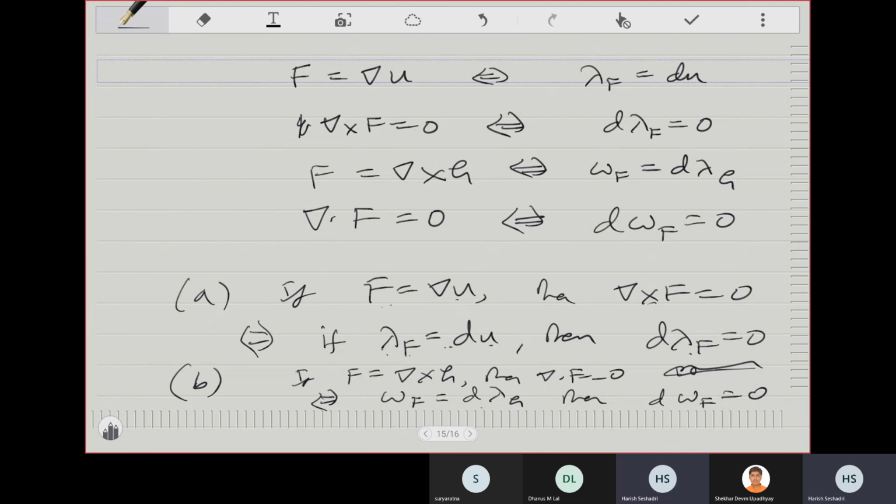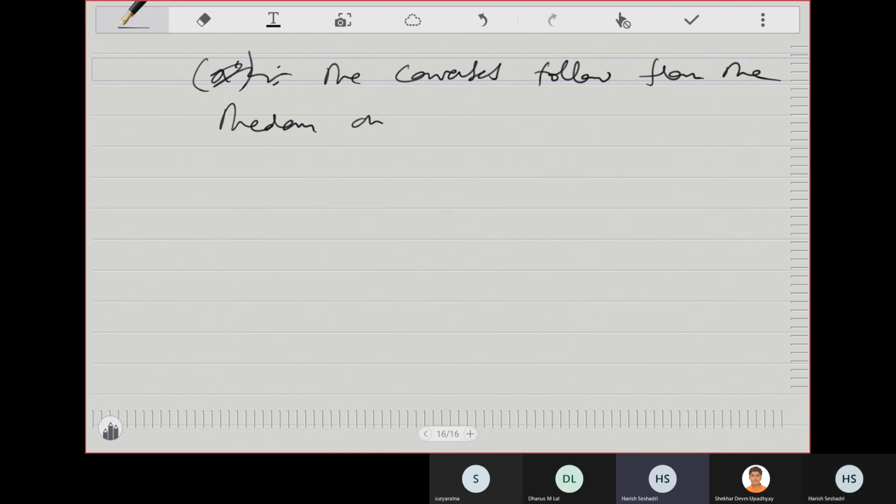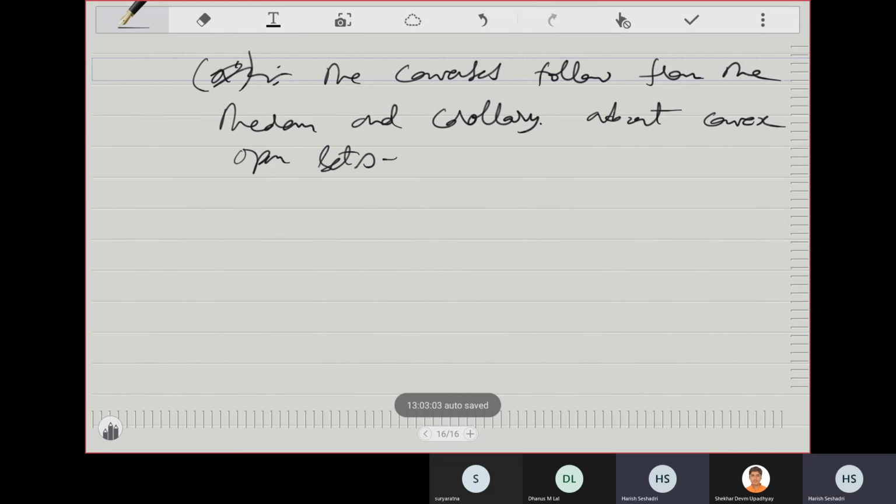That happens on a domain which is an open set, C2 equivalent to a convex set. So the converses follow from the theorem and corollary about convex open sets and closed and exact forms. So that is that, okay?